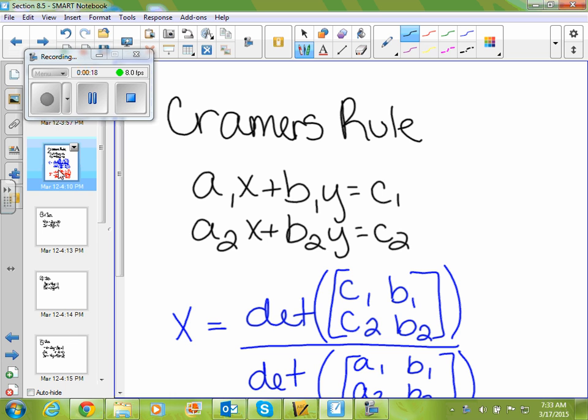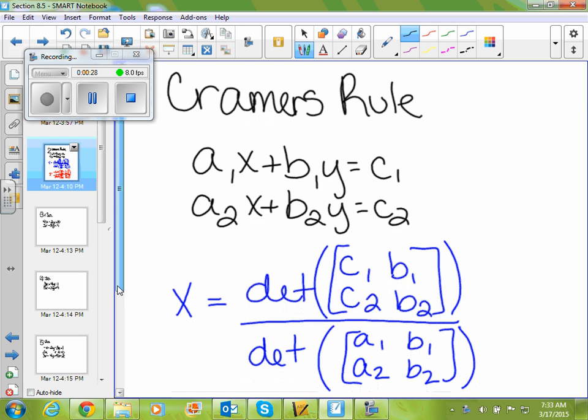So if you're given a system a1x plus b1y equals c1 and a2x plus b2y equals c2, you can use Cramer's rule to find your x and y.